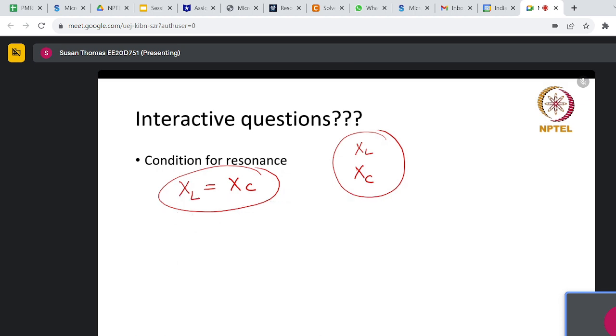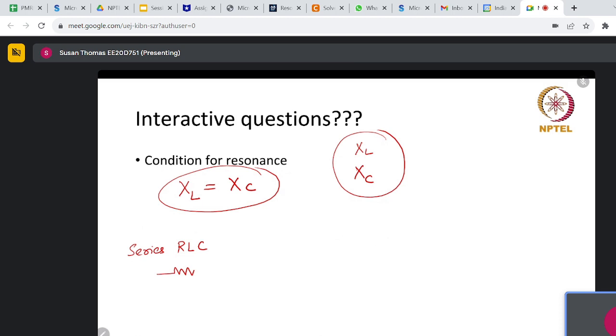To brief about some of the resonance circuits, so that it will be easy for looking at the numericals, I hope you remember series RLC and parallel RLC. Let's start by looking at what a series RLC resonator is.